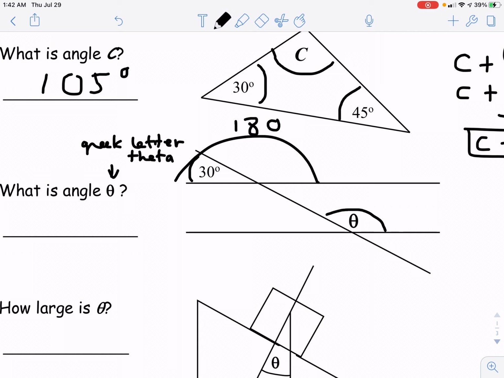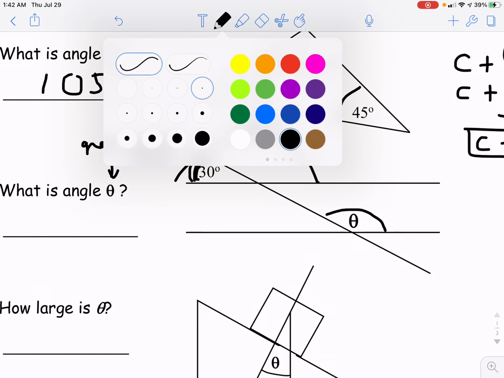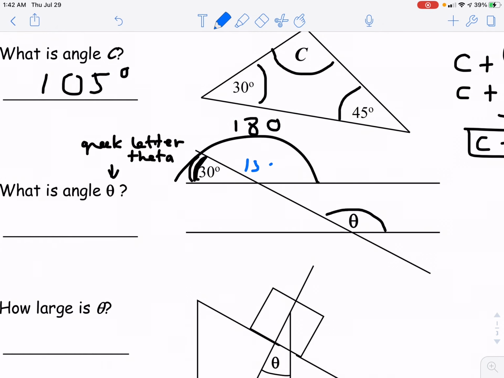Therefore, if this is 30 here, this would be 180 minus 30, or 150 degrees right here. And since theta is a corresponding angle to this 150, theta must be 150 as well.